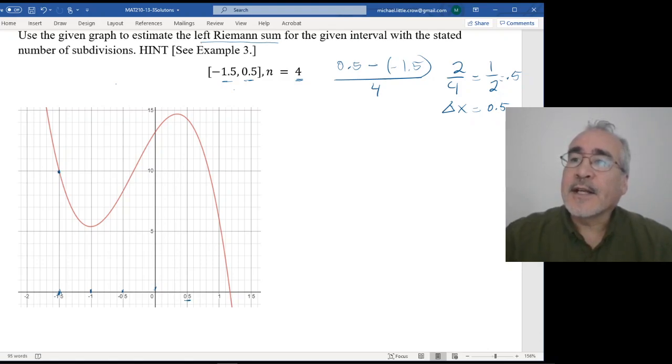So we're going to look at finding the area of this rectangle. Try to draw these lines straight.